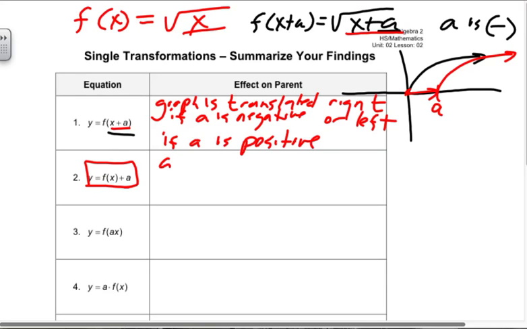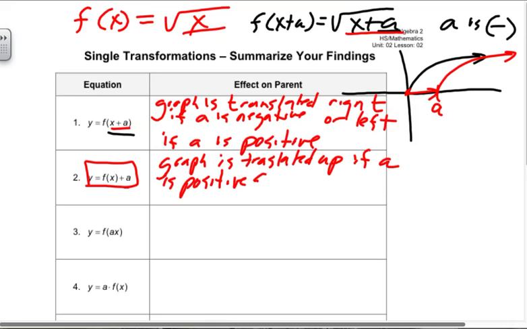So the graph is translated up if a is positive, and down if a is negative.